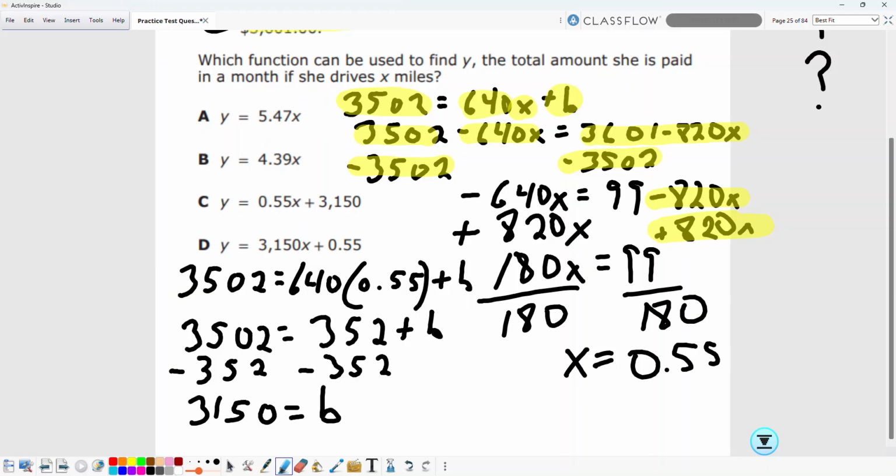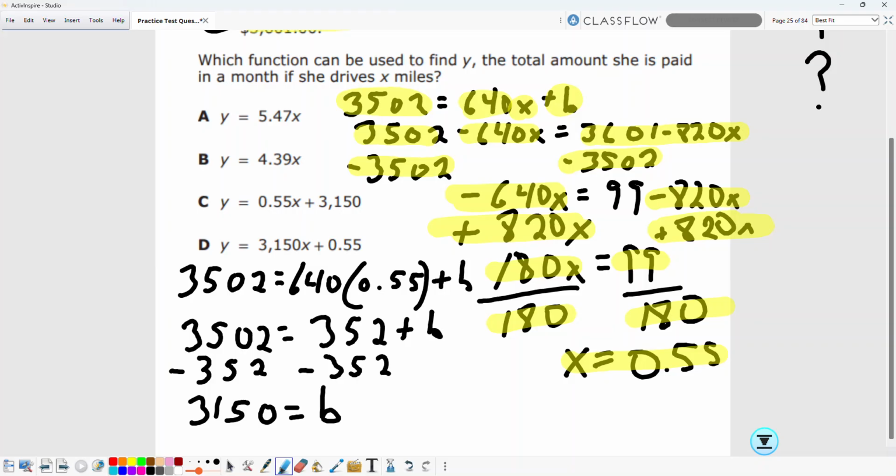And so what I'm going to do is move that over to the left and combine it with the negative 640x, which leaves 180x equals 99. Then I want to get the x by itself, so I divide by 180 on both sides, and that's how I know x equals 0.55. So she gets 55 cents a mile.